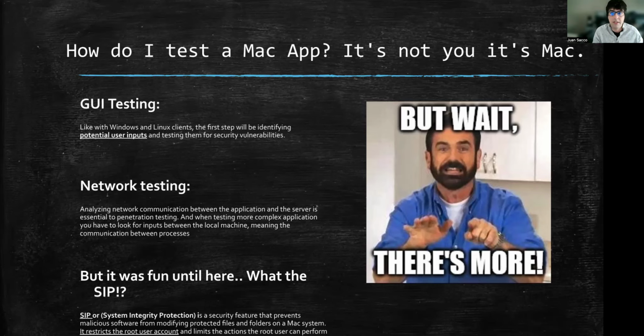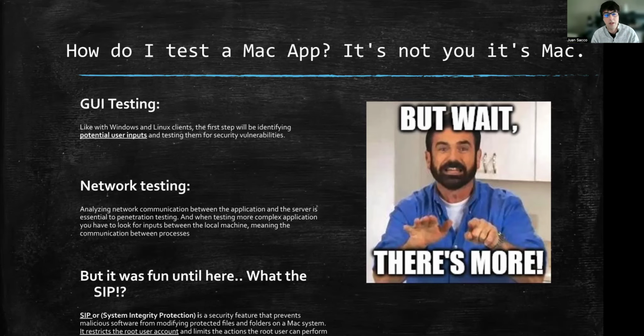But until here, it was all fun. It was all quite similar to what you were doing until here, right? Because everything I'm naming here is basically the default type of pen test that you have to apply when you're doing a typical pen test for an application.